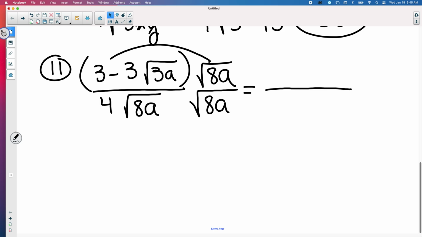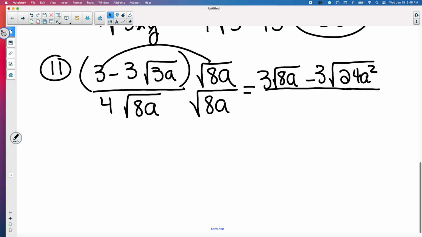So I multiply it all the way over here. 3 radical 8a minus, and then what do you get when you multiply 3 radical 3a times radical 8a? 3 radical 24a squared. And then on bottom, what do I get? 32a.